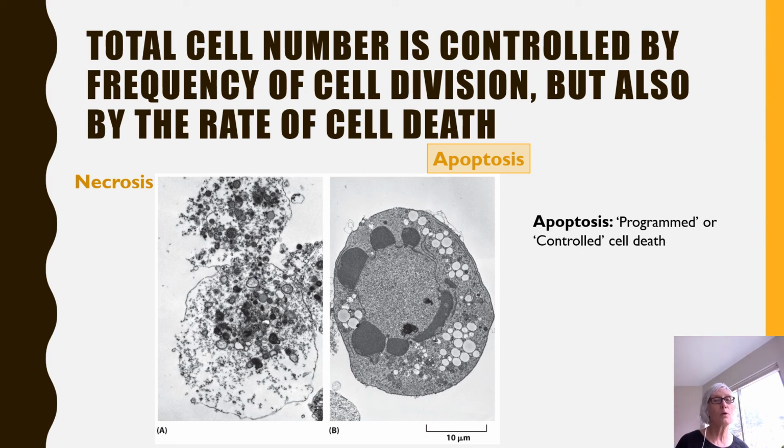Apoptosis is programmed cell death or controlled cell death. Looking at the image on the right, you can see that apoptosis is a fairly clean process. Cells sort of digest themselves from within and ultimately signal the immune system to clean up the debris.